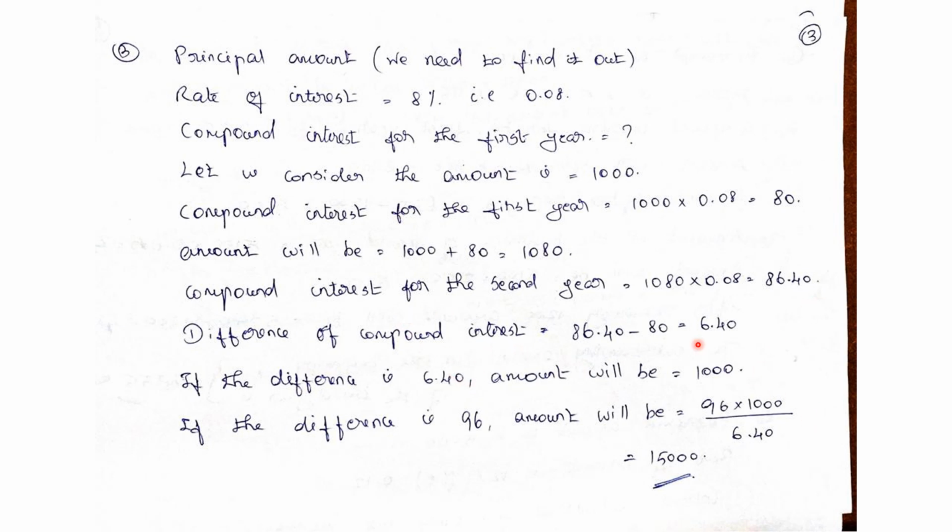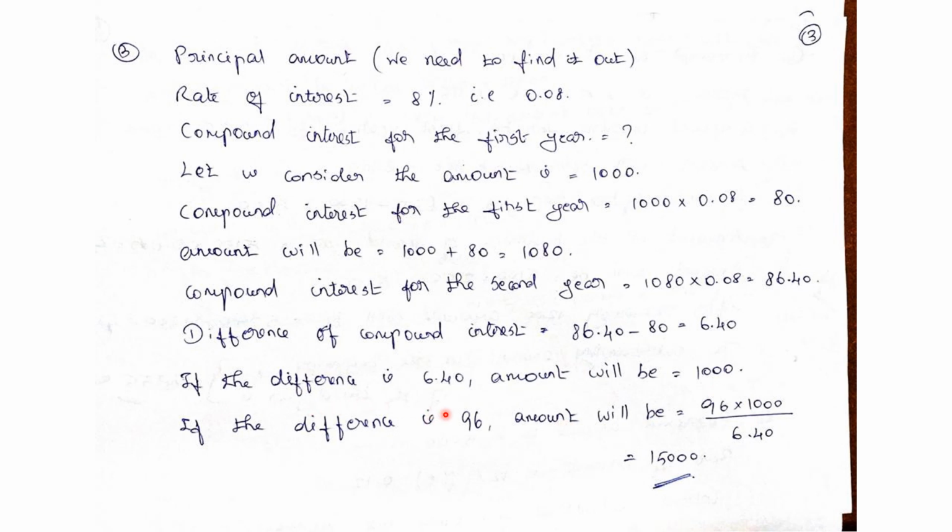Difference of compound interest: the difference between compound interest for the first year and second year is 86.40 minus 80, which is 6.40. Here I'm using the unitary method.